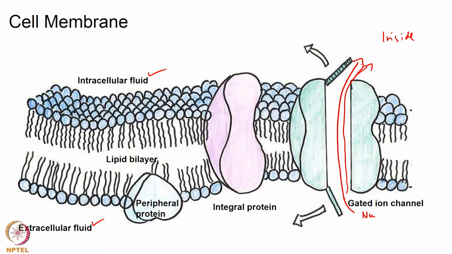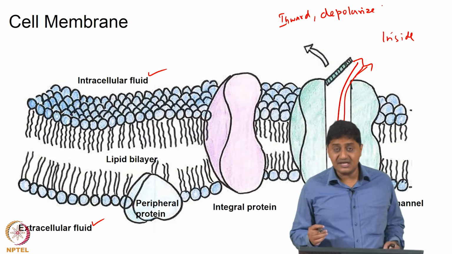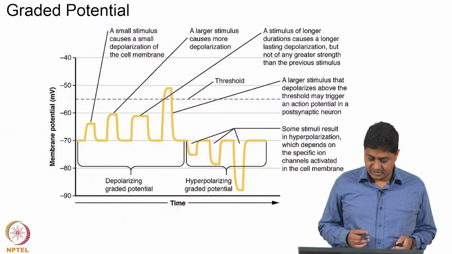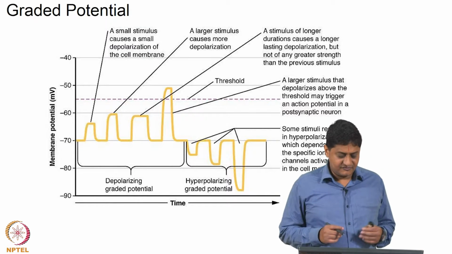So, something to remember. What would this do? Suppose sodium goes from outside to inside, that is essentially an inward current, and that would depolarize the membrane, that would make the membrane more positive or slightly less negative. So, what are the various things that could happen in this case? We will discuss some cases.